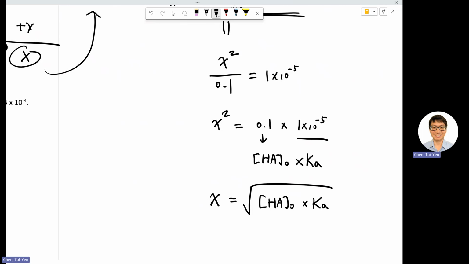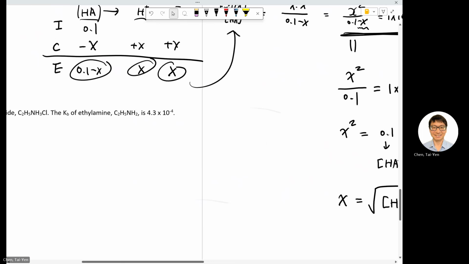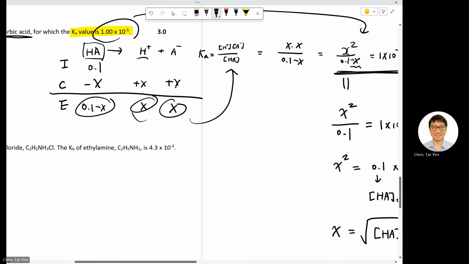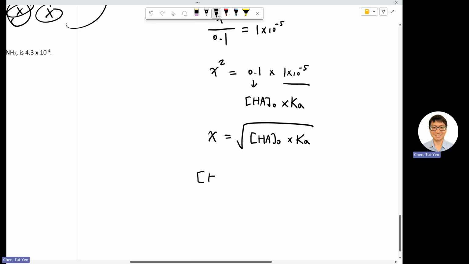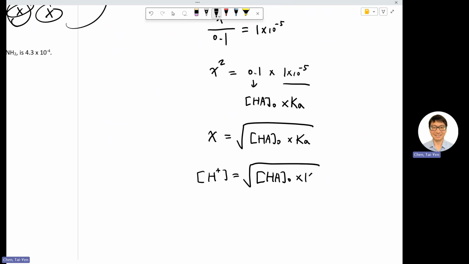You take the square root of that, you can get your x, right? And then we know x is actually representing your proton concentration. Therefore, we can just generalize this as the proton concentration of a weak acid can be calculated using this simple equation. This is actually an equation that you should memorize.